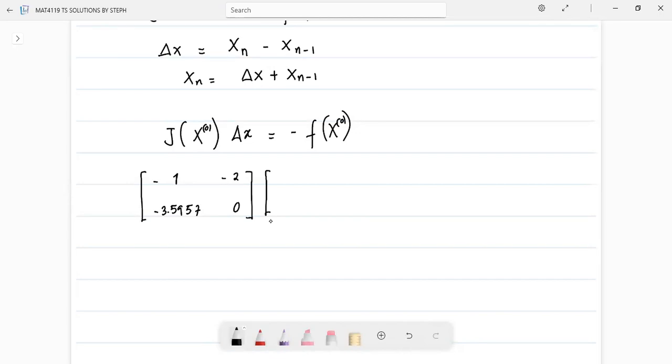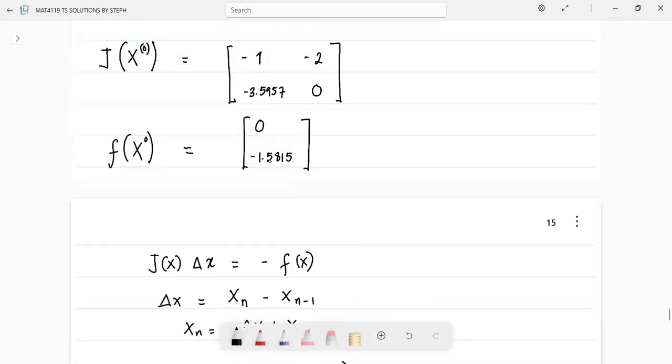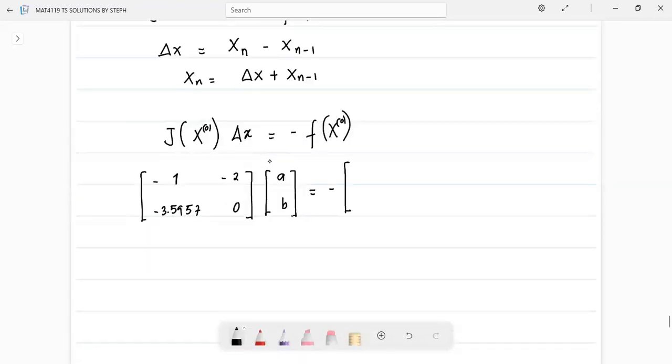It's unknown, so let's say it's A, comma B. I'm just going to use those variables there. And then minus this matrix here, which was calculated as 0, negative 1.5815.